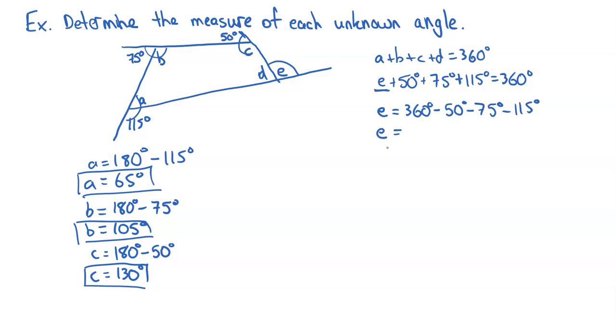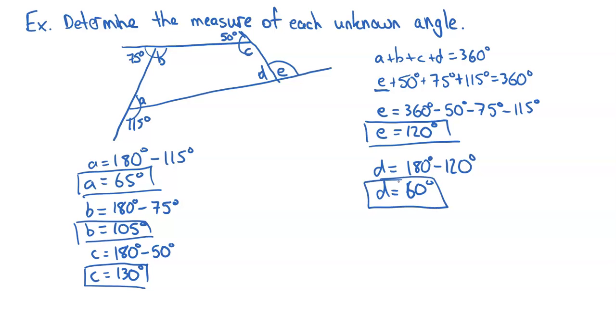And I get angle E is an angle of 120 degrees. Now at this point I can go, well, angle D then is going to be equal to 180 minus E, 180 minus 120, and we've solved for that to be 60 degrees. And so now we've solved for all of those angles.